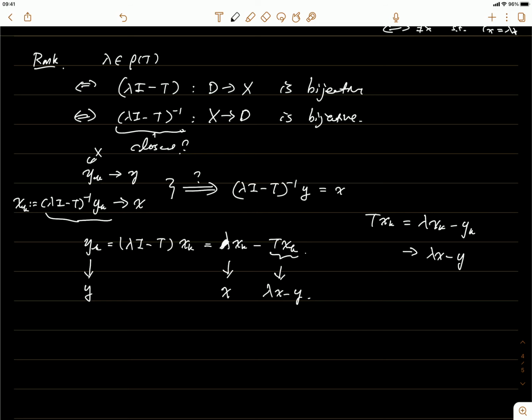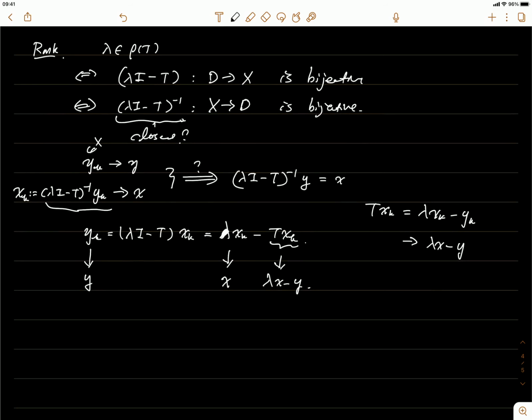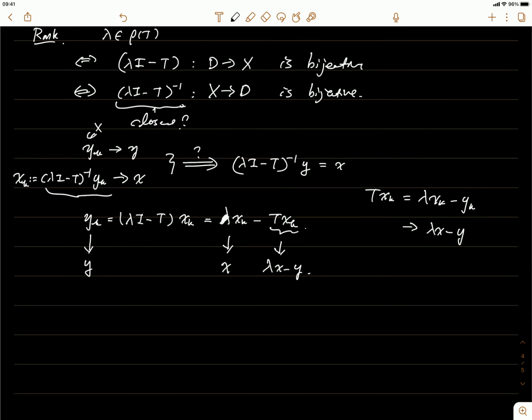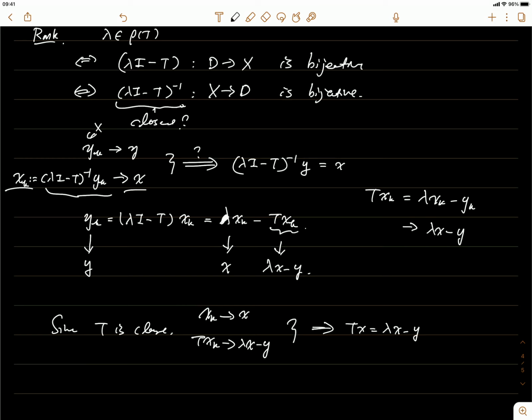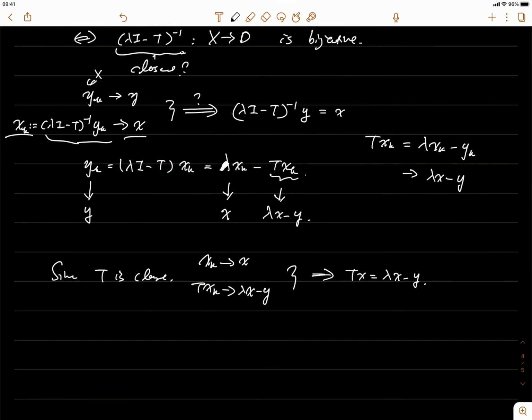So that's one thing. The other thing is, because t is closed, since we know that xk converges to x as we showed here, and I also know that txk converges to lambda x minus y, this means that tx must be equal to lambda x minus y, since t is closed.